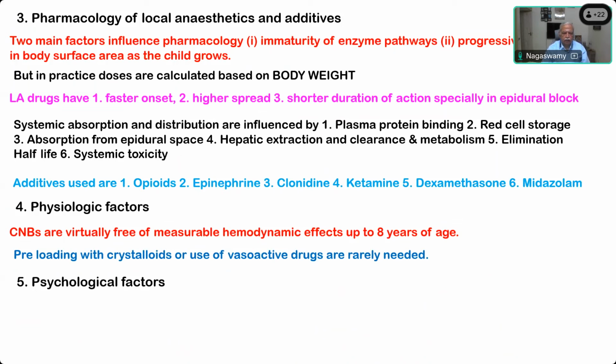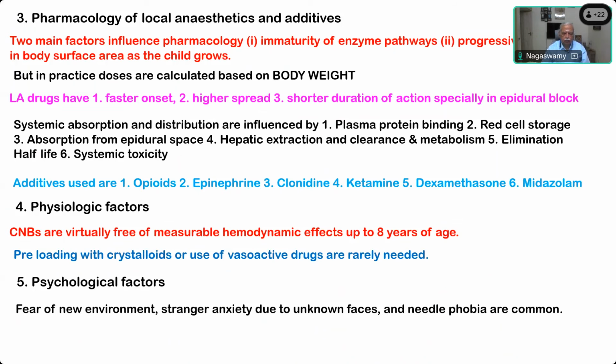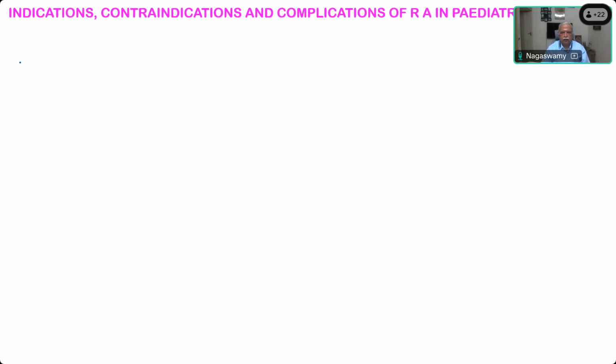Now, psychological factors, fear of new environment. That is, in older children, there is separation anxiety, stranger anxiety, and needle phobia. All these are quite common when performing your regional technique in a conscious patient. So that is the reason why the majority of the time we always try to sedate them or give them some ketamine to perform any regional technique in these patients.